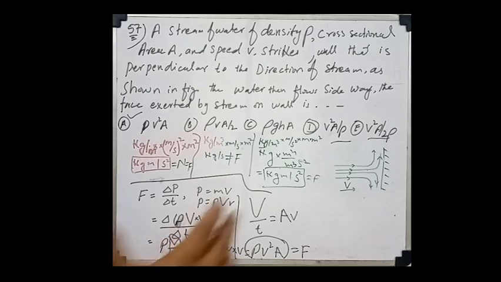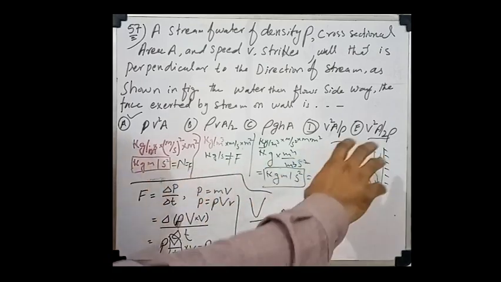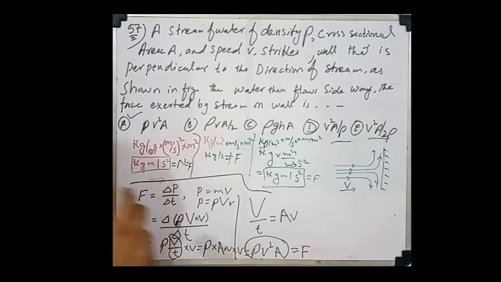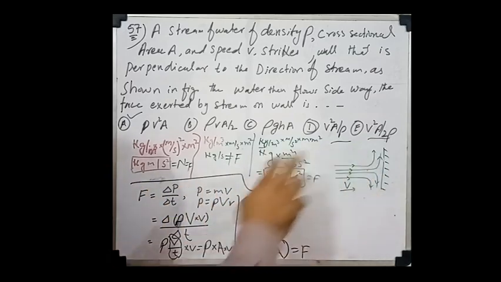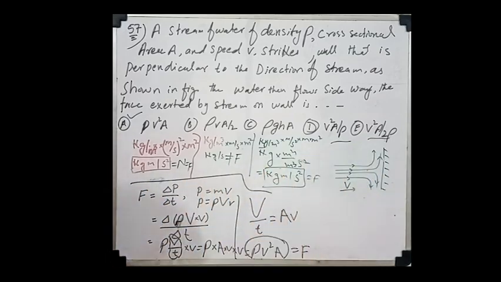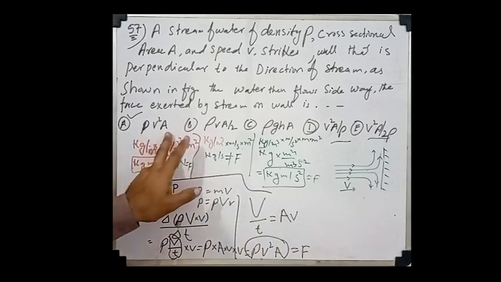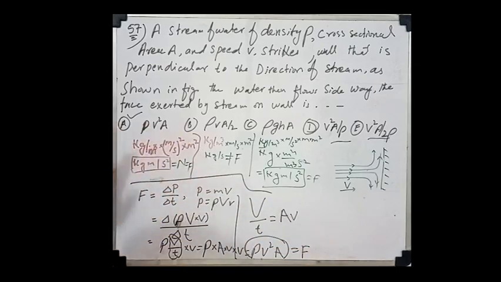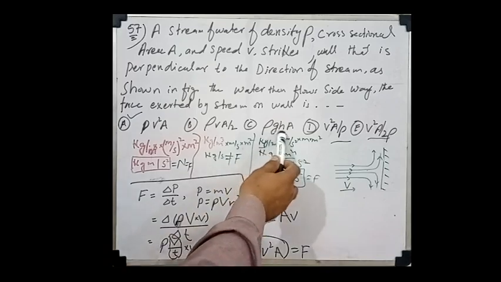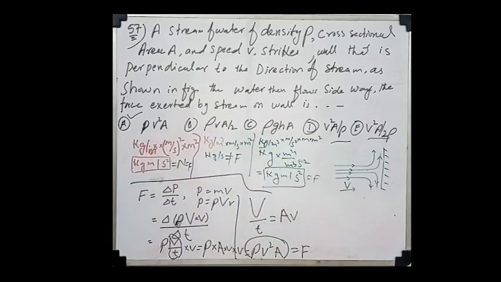This pressure is due to the kinetic energy of the water. So therefore we are taking this term. Both methods are correct. You can use this, and you can also use this, but in this you should know the concept of kinetic and potential energies.